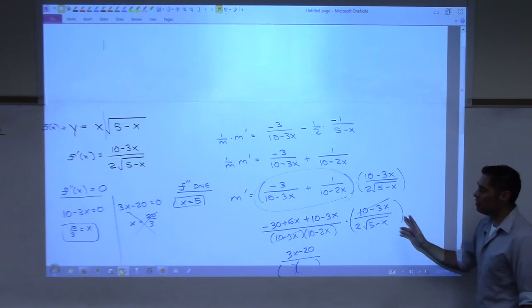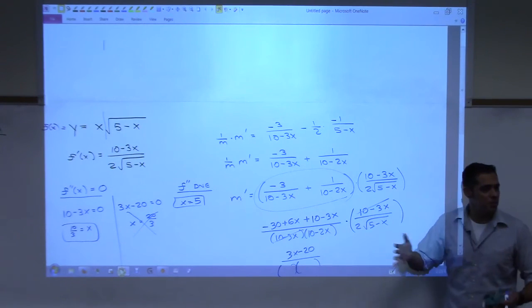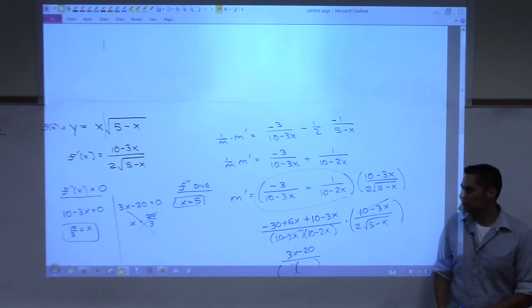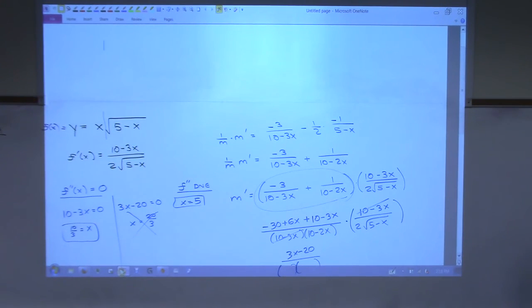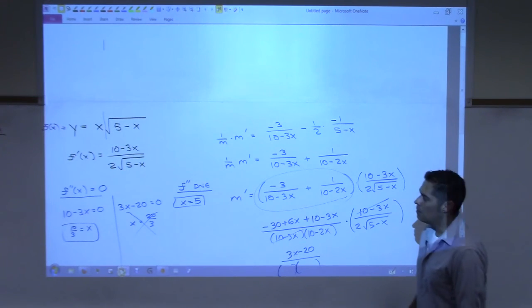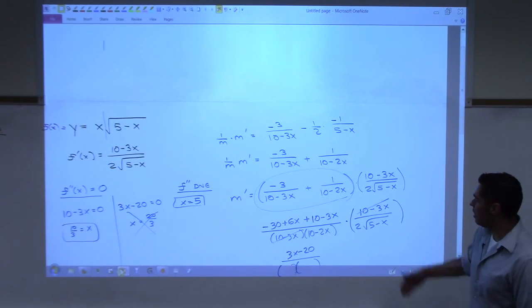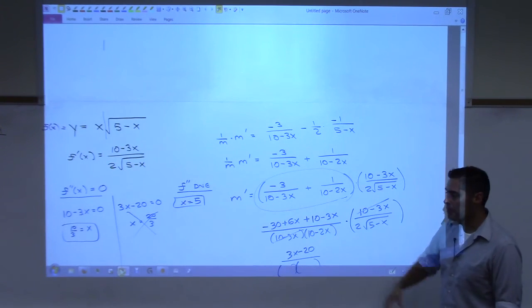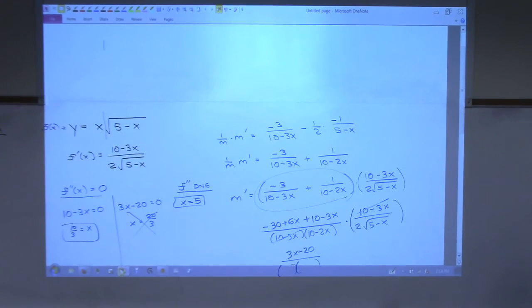But 10 thirds is still an important number because we're getting an undefined thing happening. It's like a 0 over 0. I'm still going to look at 10 thirds because it's somewhere where my numerator and denominator look like they would be 0, right? Oh boy, what a mess.